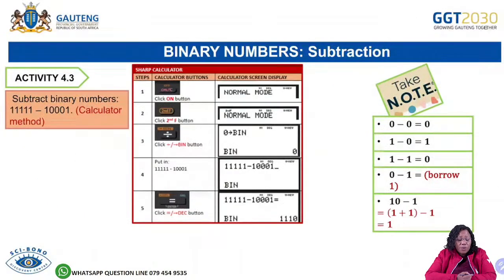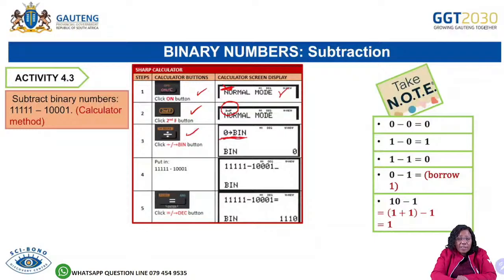Okay, and then with the calculator method, still we are using the same method. Grade 12, on button, normal mode on your calculator. Second function, you'll see that second function that we have brought in. The second function, as you can see, it was not there initially when you switch on. And then now you press in the division button. So the aim is to take your calculator to binary mode now.